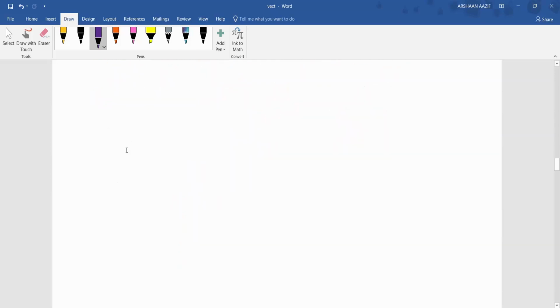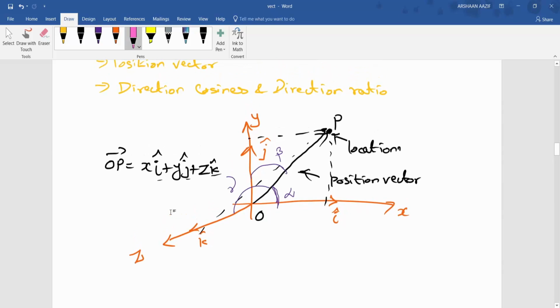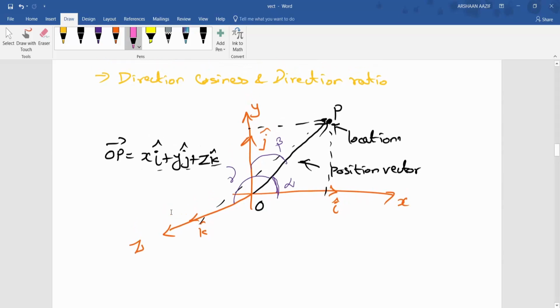Now direction cosines. From the diagram you can find cos alpha, cos beta and cos gamma. These are your direction cosines, which are also denoted by L, M, N. These components, cos alpha, beta, gamma, are used to find the magnitude along the corresponding axes.